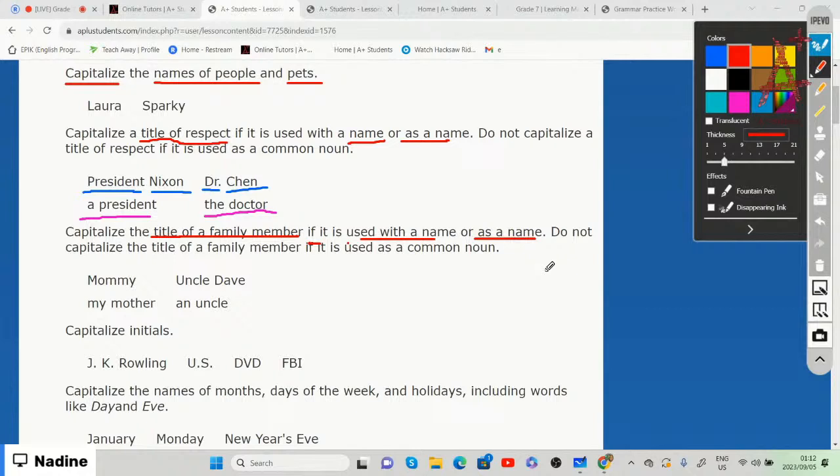If you say Mommy, then we write that in capital letter. But as soon as you say my mother, generalizing, or the mother, then we write that in lower case because now it is used as a common noun.